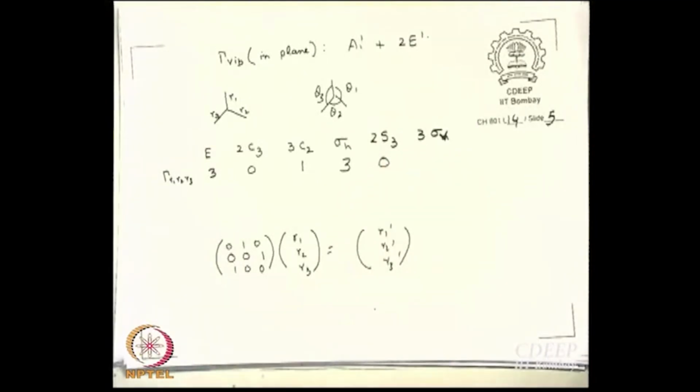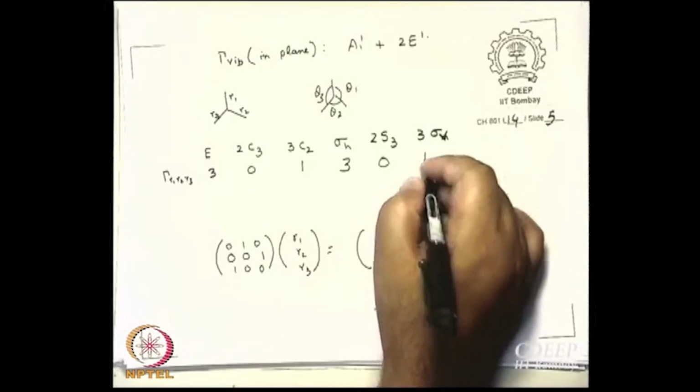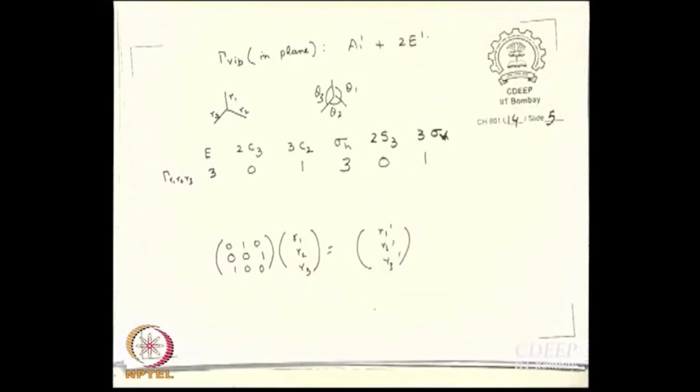And what about sigma v? 1 once again without much ado. So, see your representation is also nicely symmetric. It is not symmetric really, it is repetitive. It has kind of crystal symmetry 3 0 1 3 0 1, right, 3 0 1 3 0 1. This is gamma R.